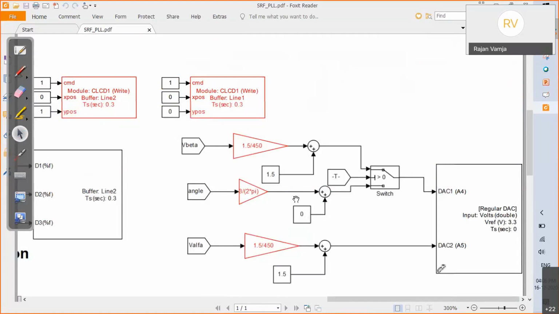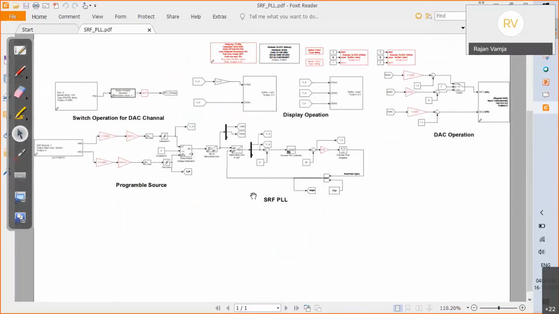This was the program to implement this SRPL, sorry, SRPL. So is there any doubt how we have done it? So it is very easy. Most useful for programming of STM32. Is this clear to everyone?